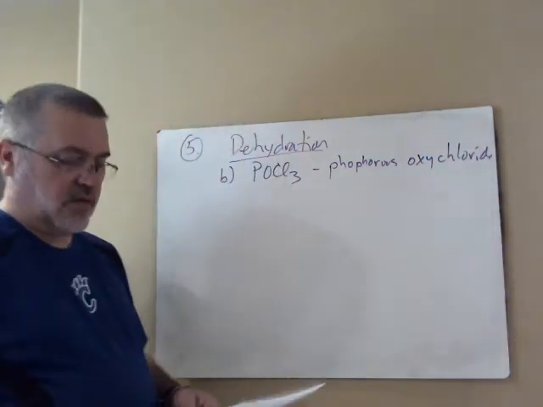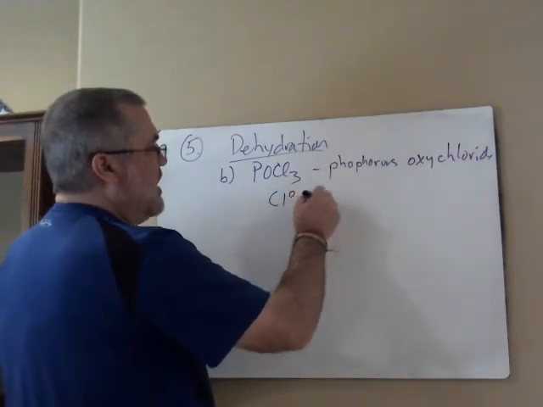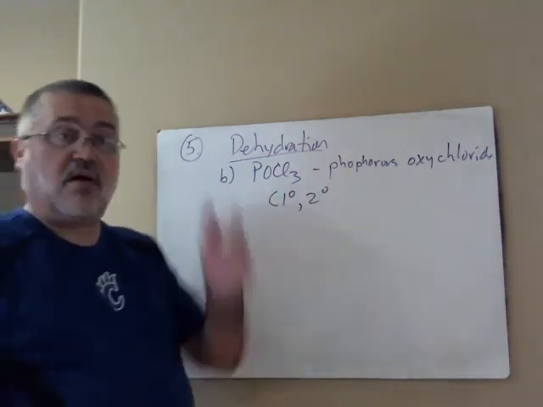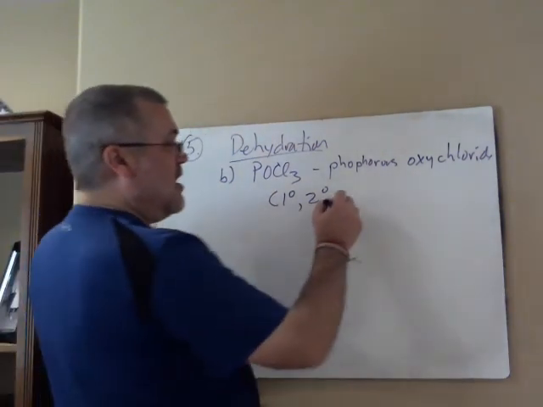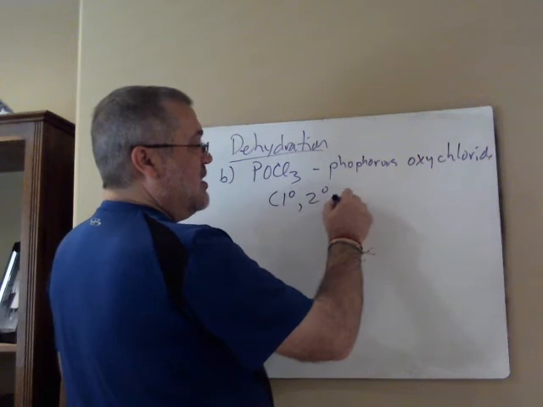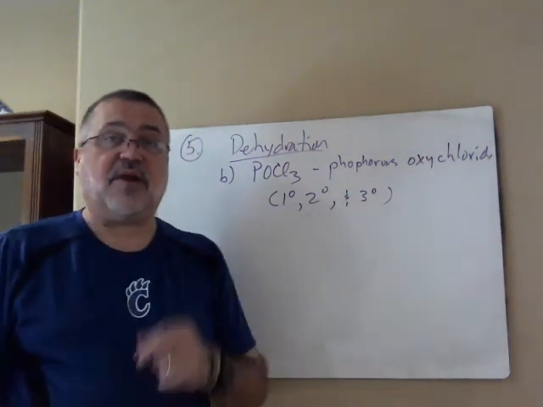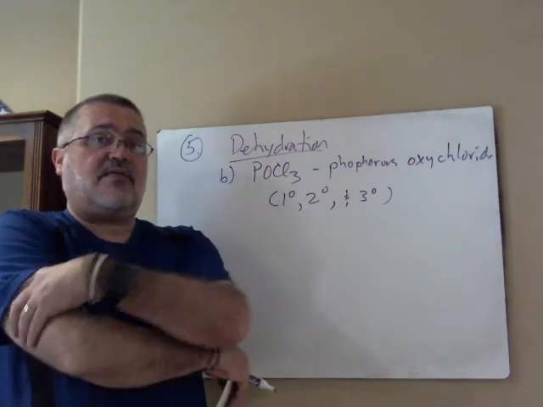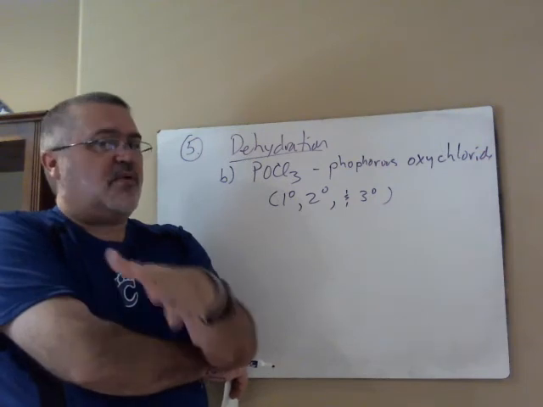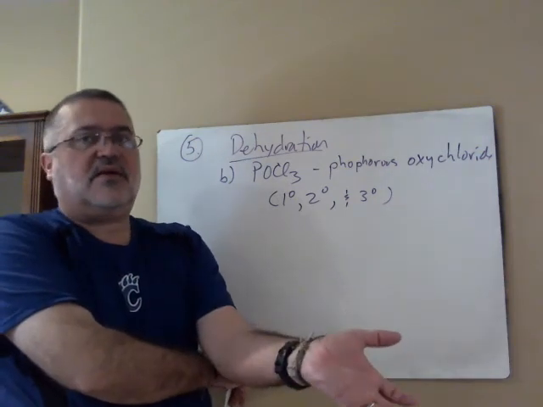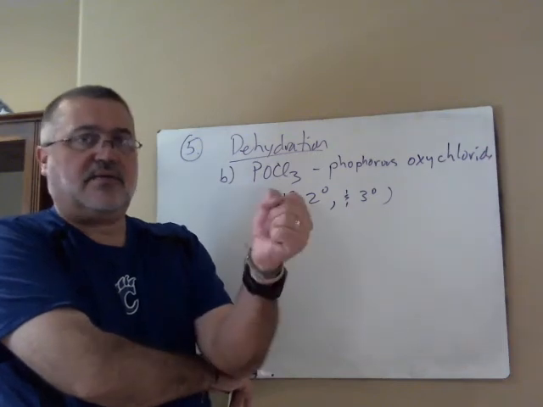And it's going to work with primary and secondary alcohols. So it's going to allow this dehydration. But you know, it also works for tertiaries. It doesn't discriminate. It'll do it for any of them because it goes through an E2 mechanism. And remember, E2 mechanisms, it doesn't discriminate. It's ubiquitous. It'll work on any system.